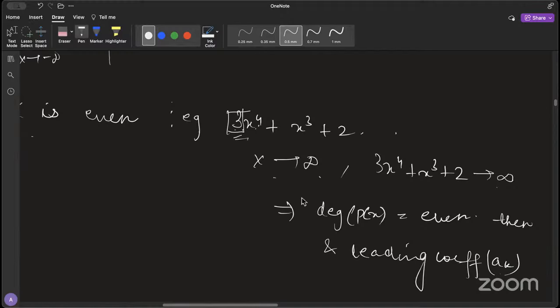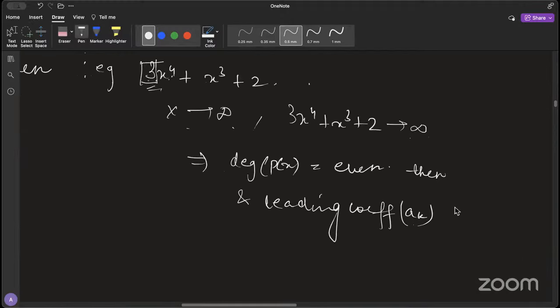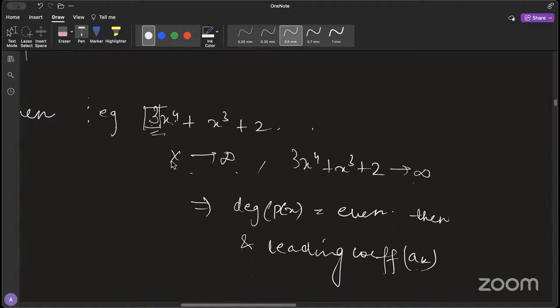So let's say your polynomial is the summation of ai x to the power i, i varying from 1 to k. If this is it, then the highest degree is k, right? The degree of this polynomial is k.